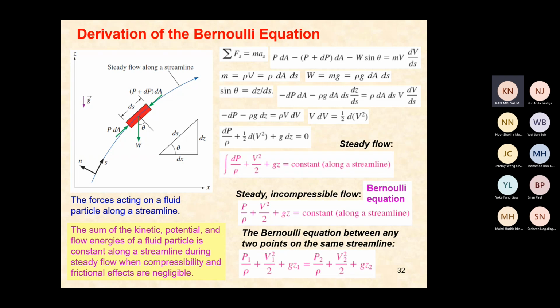And multiplied by rho, it gives us the mass of the fluid package. So with it, we can write down sine theta.